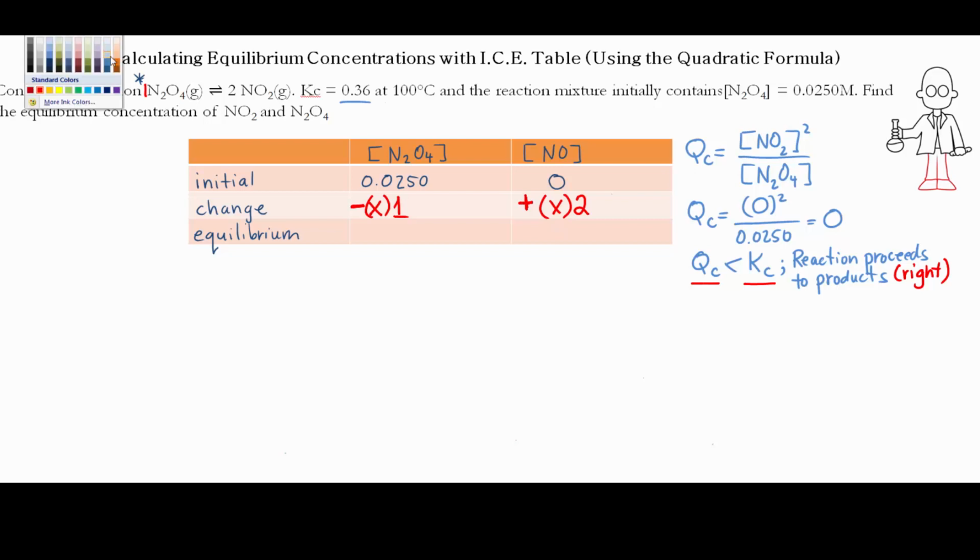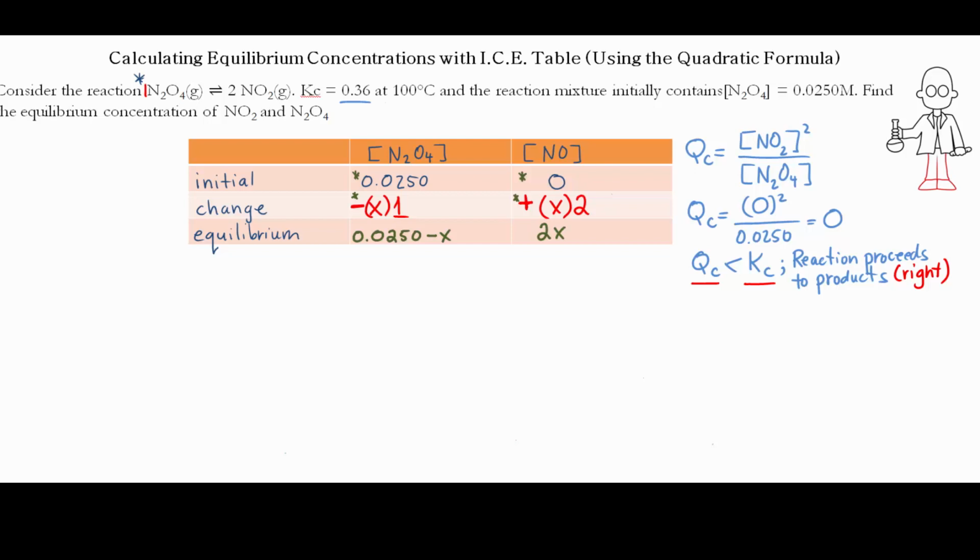So at equilibrium, when I add these two columns together, I have 0.0250 plus a negative x, that would be 0.0250 minus x. And for the other, I would have 0 plus 2 times x, which would be 2x.